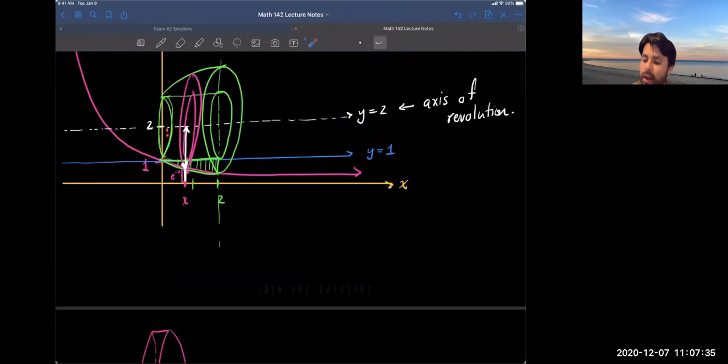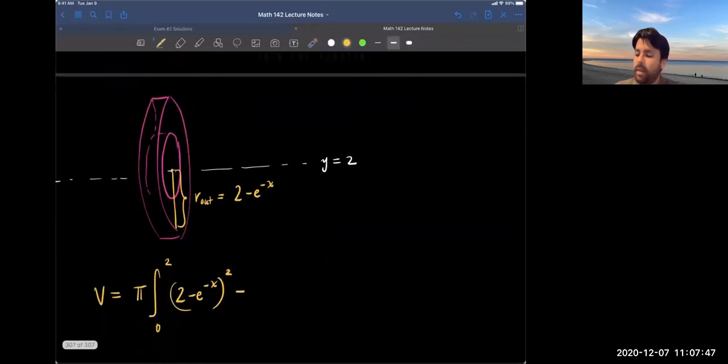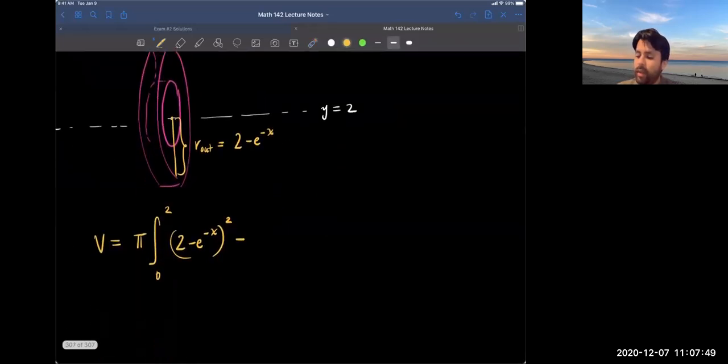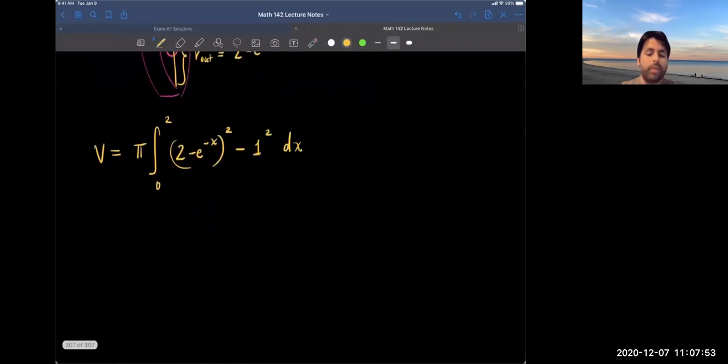So the inner radius is always a constant radius, and the constant radius is 1 because 2 minus 1 is 1. So then this becomes 2 minus 1, which is just 1 squared. And this is dx. And now we have an integral to evaluate.